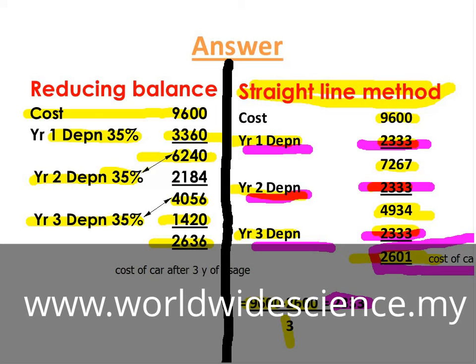This is just what I want to show you. In the reducing balance we've got 2,636 as the cost of the car after 3 years of usage, and after that you can compare which method is best for you, the straight line or the reducing balance.